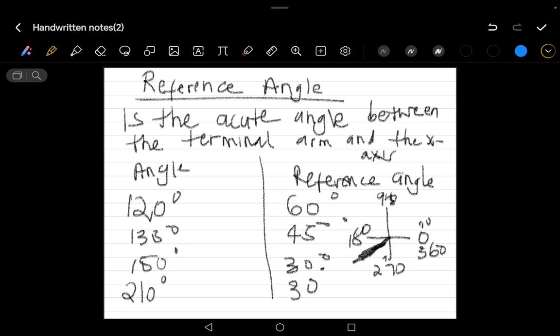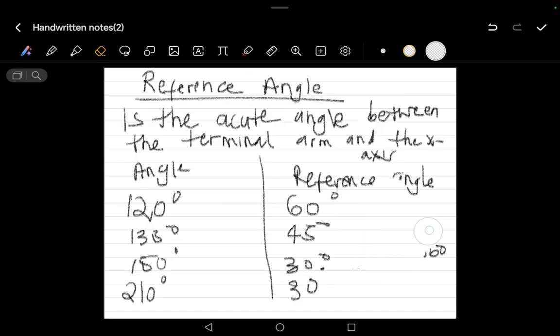And then 120 is going to be here, and it's going to be positive, right? Remember, we said let's use sine. Sine is positive on the second quadrant. So if we put sine here, it's going to be negative on the third quadrant. Do you get it? Yes, we totally get it.